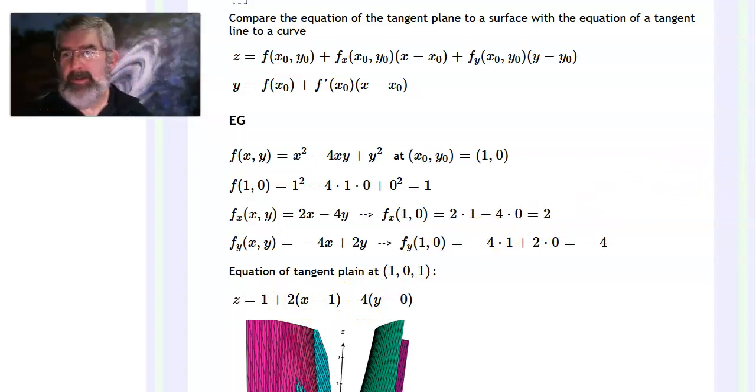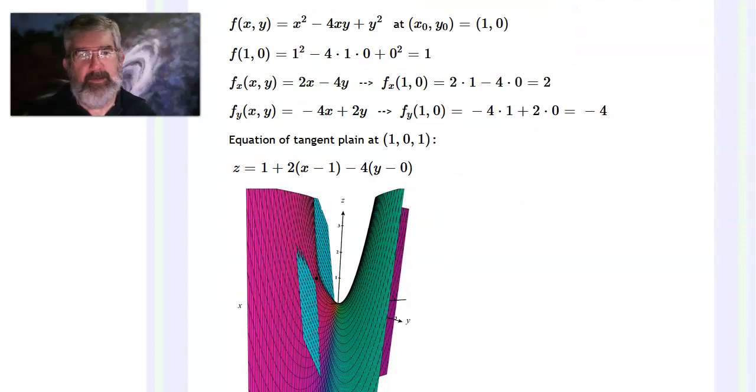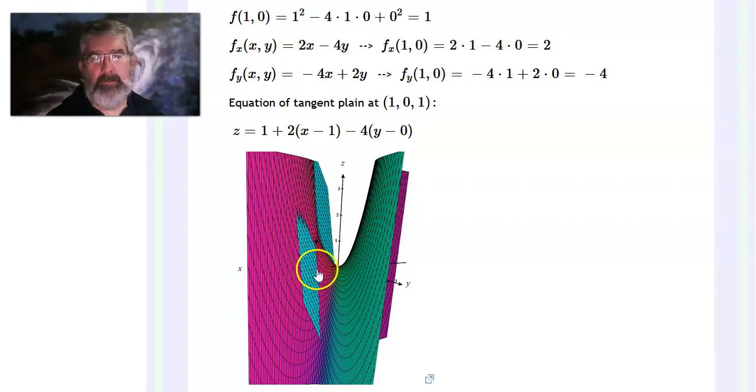Now, I did this example because this is an example where the tangent plane doesn't hit at just one point. We're talking about this point right here, and it looks like the plane is actually cutting through. This surface is a saddle that's been twisted a bit around the z-axis. Let me click on it so we can see it in 3D.